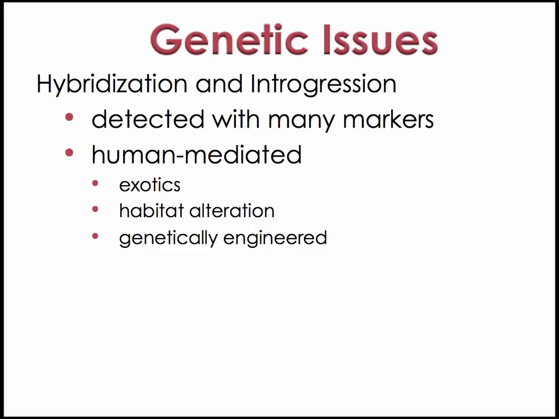Or also genetically engineered organisms, such as crop plants. Sometimes crops have genes in them that are engineered to make them resistant to Roundup or pesticides. And if some of that moves into other populations of plants nearby, such as weeds, that could have really big implications for that farm and for the ecology as a whole.